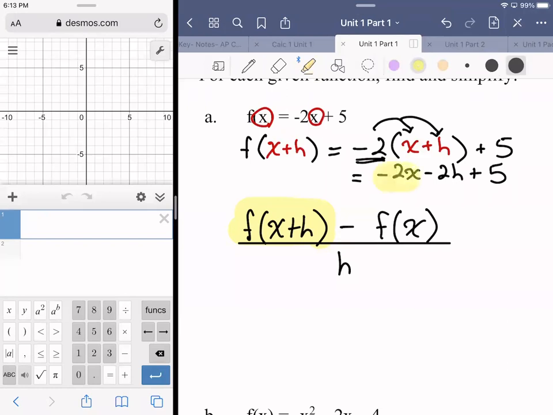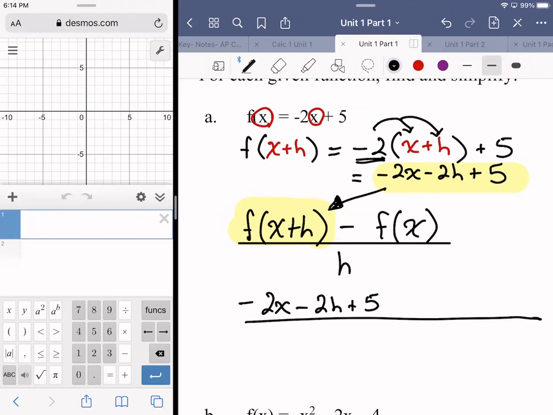So then we make this substitution. Since now we know that f of x plus h is equivalent to negative 2x minus 2h plus 5, I can make a direct substitution. That's just a quick swap out.